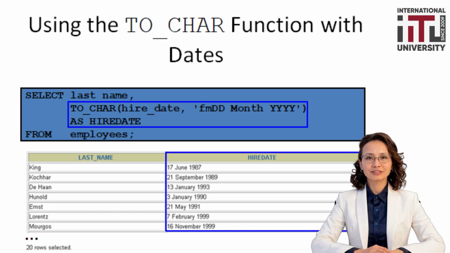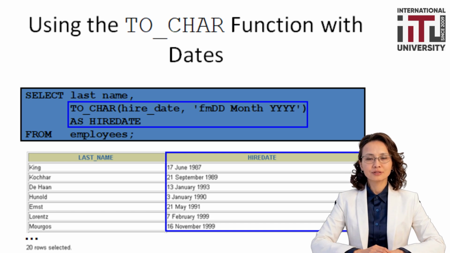As a result, instead of the default date format, the output becomes more readable, for example, 17 June 1987. Additionally, the alias HIRE_DATE is used to rename the formatted column in the result. Overall, the ToChar function with a format model allows developers to control how dates are presented, making query results clearer and more user-friendly.